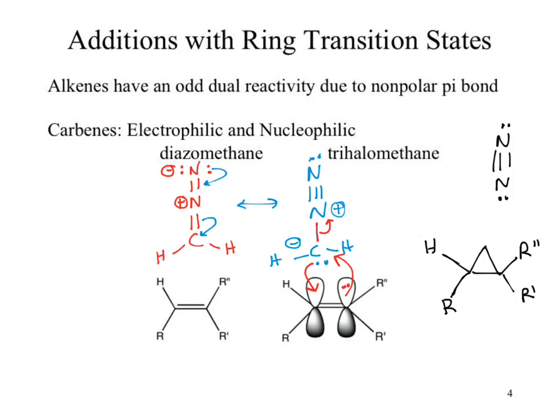More than likely, you're probably looking at something a little bit more along these lines. Our carbon with the empty p orbital, and then we would have our lone pair and our hydrogens.